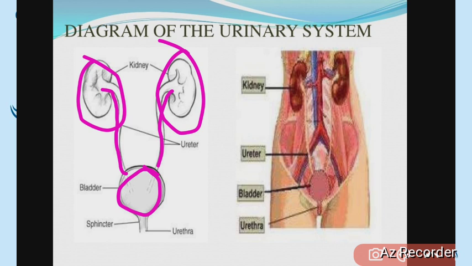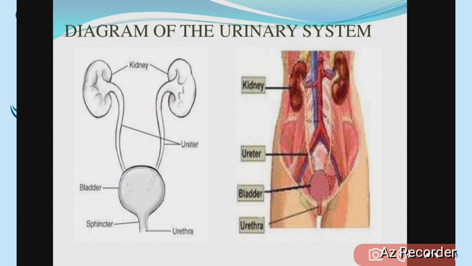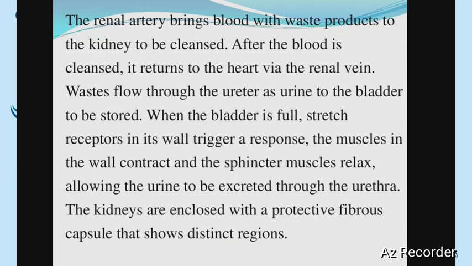The bladder is made up of smooth muscles, which are known as the detrusor muscles. And the sphincter in the urethra helps to regulate the micturition reflexes. That is all about just a typical diagrammatic representation of the urinary system. Let's go to the next slide.